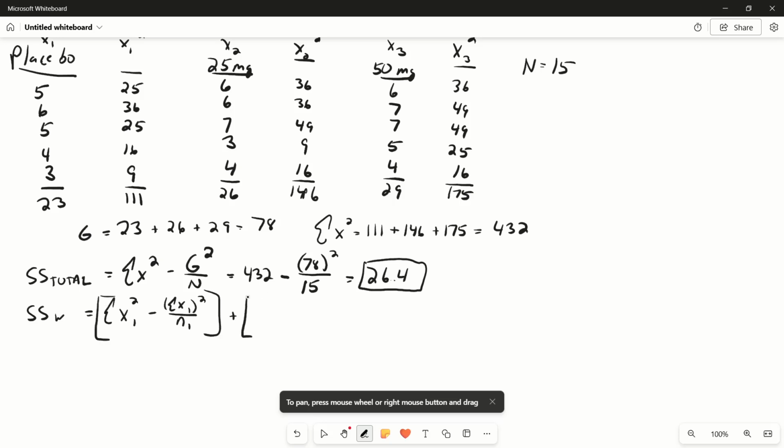Plus, we're doing the sum of squares for each of these three separately. The sum of x sub 2 squared minus the sum of x sub 2 quantity squared over n sub 2. And then we're going to do the third one, of course, and that's going to be the sum of x sub 3 squared minus the sum of x sub 3 quantity squared over n3.